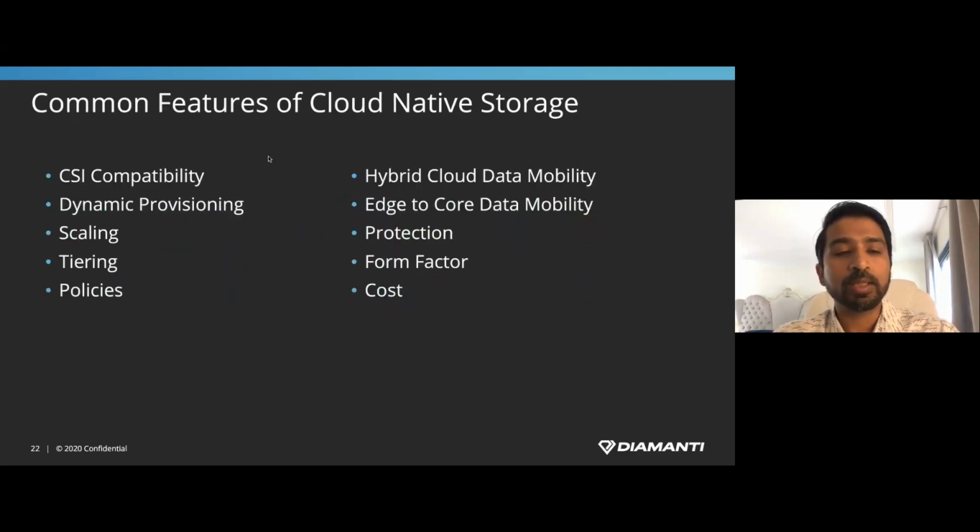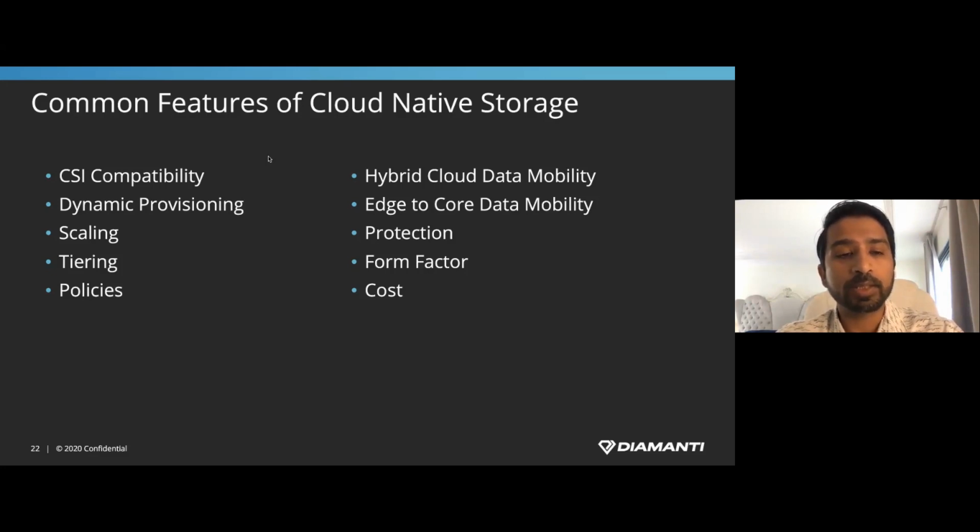For example, what is the CSI compatibility with Kubernetes? How easy is the dynamic provisioning, how easy is the scaling of your storage volume, and whether it's external or local attached, how do you manage all that scaling. And tiering is also important, right? You are running multiple applications on a single node because it's a virtualized environment, whether it's a VM or container. When you have multiple stateful applications, it's very, very important to make sure you're getting your SLAs.